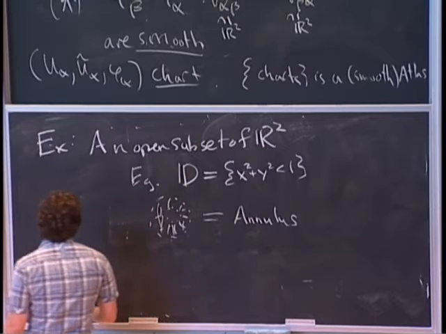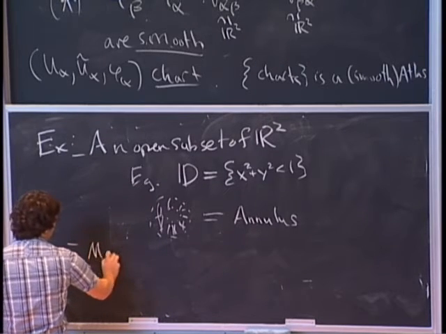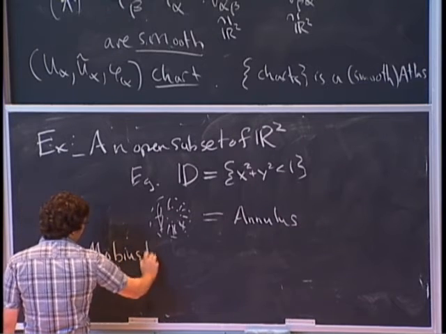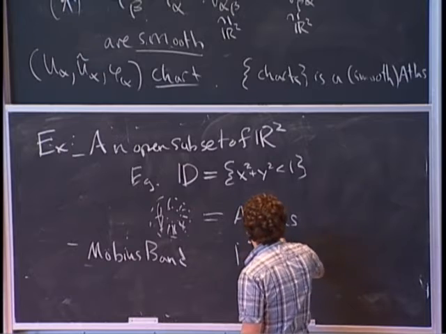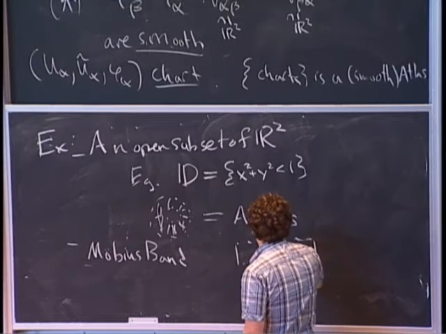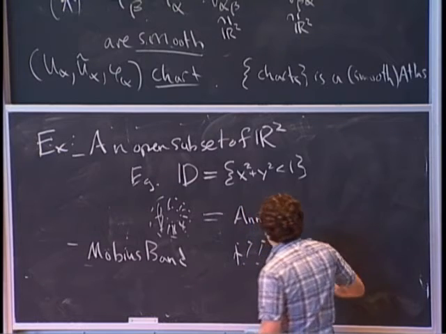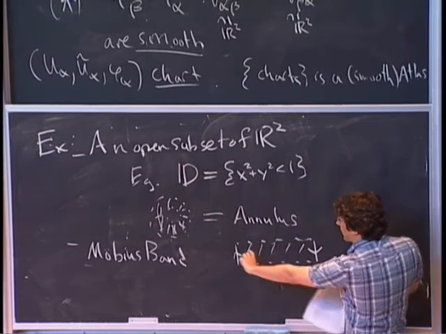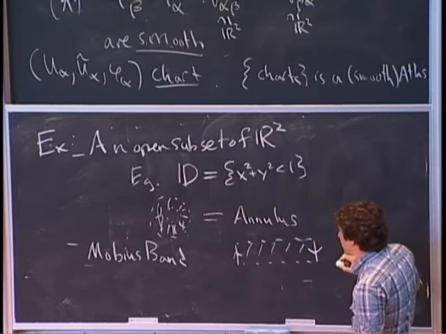A slightly more interesting example is the Mobius band. We'll come back to this. This is where you take a region in the plane, cut out this rectangle, and then glue it together, but you put a twist in. You've probably all seen this.